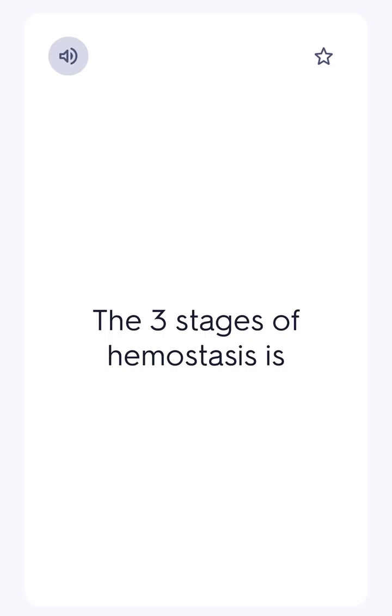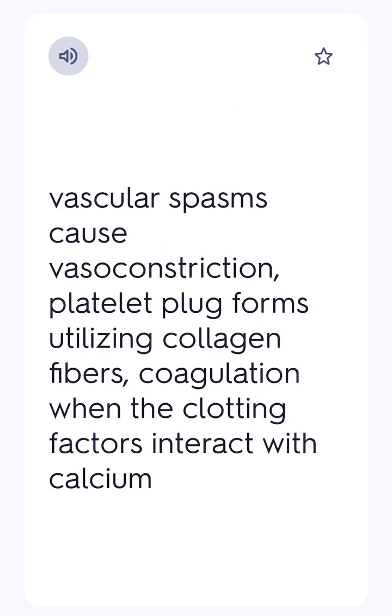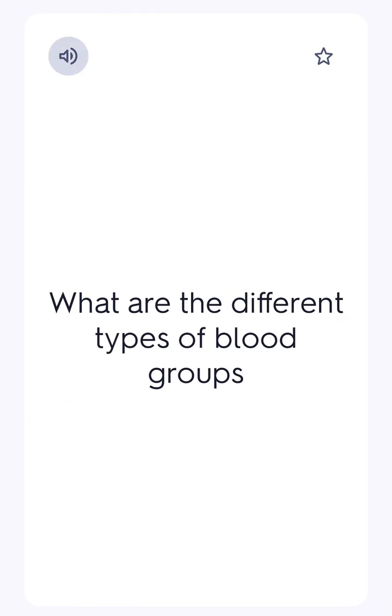The 3 stages of hemostasis. Vascular spasms cause vasoconstriction, platelet plug forms utilizing collagen fibers, coagulation when the clotting factors interact with calcium. What are the different types of blood groups?